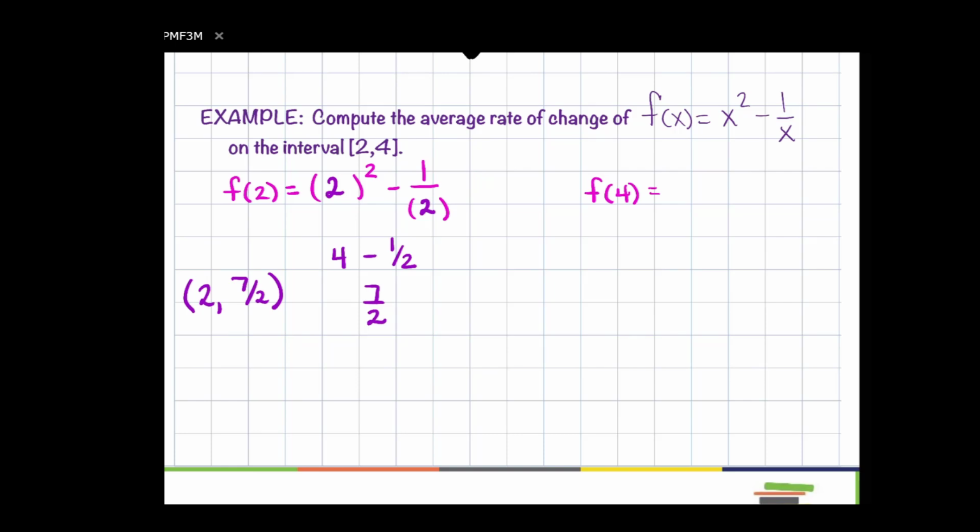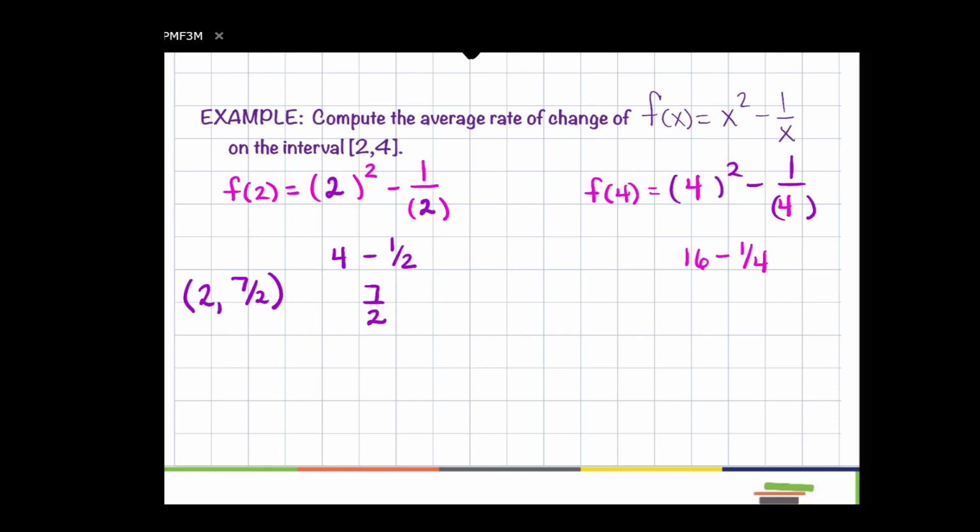The second one, we're going to do the same thing, except we're substituting in 4 this time. So we have 4 squared, which is 16, minus 1/4.